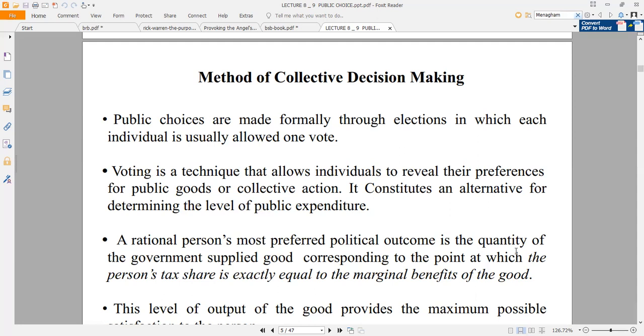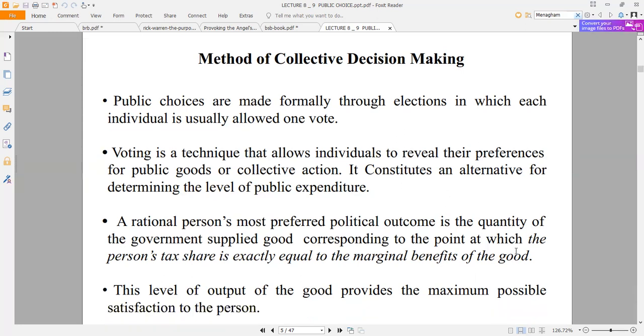So through voting, the individuals are able to reveal their preferences and also to determine the amount of public expenditure. If we vote towards the implementation of a policy or the production of a particular public good, we determine the amount of money that the nation or the state will have to use to produce these public goods or services.